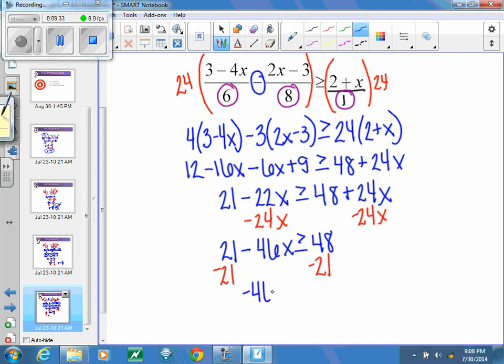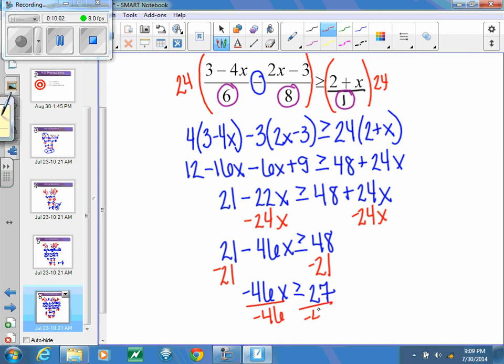Negative 46x is greater than or equal to, and that's going to give us 27. And now I'm going to go ahead and just double checking something real quick. Okay, sorry. So now I'm going to divide by negative 46.